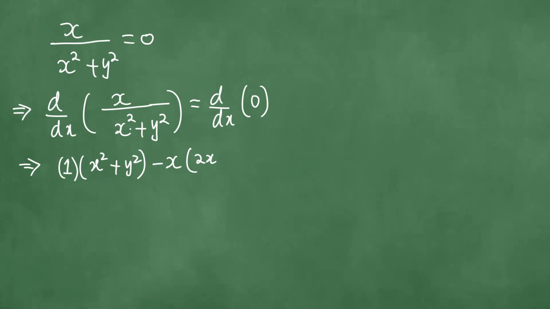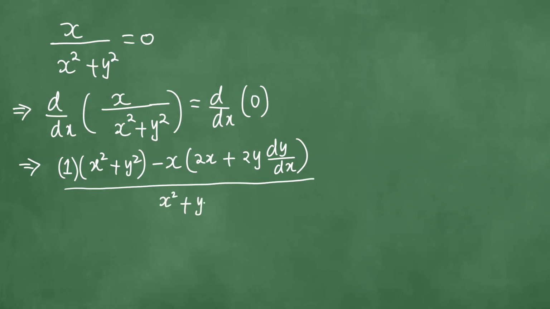So the derivative of x squared is 2x, and the derivative of y squared is twice y dy/dx. We divide by x squared plus y squared, squared, and this result equals 0 because the derivative of 0, being a constant, is identically 0.